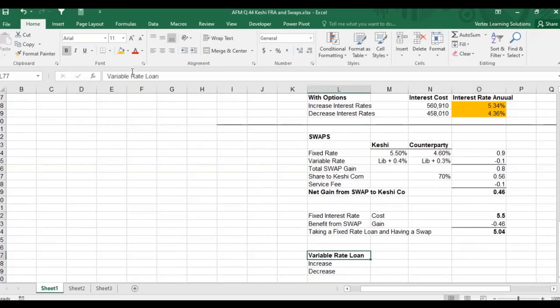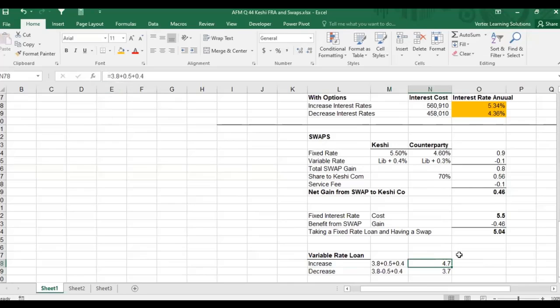If it is a variable rate loan, then it can go up or go down, like 3.8 plus 0.5 plus 0.4, or 3.8 minus 0.5 plus 0.4. Do you understand what I'm doing? Yes. So if they take a variable rate loan, it could be 4.7, it could be 3.7.